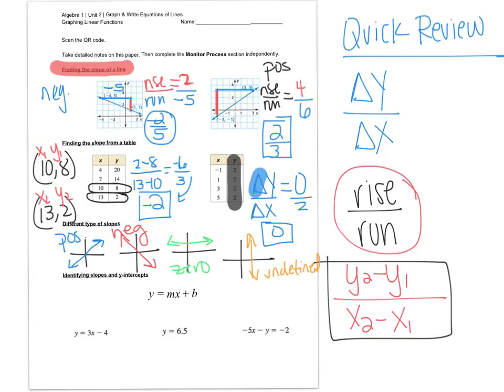All right, identifying slopes and y-intercepts. This equation right here is called the slope-intercept form. It tells us that m, in this case, is our slope, and that b, in this case, is our y-intercept.